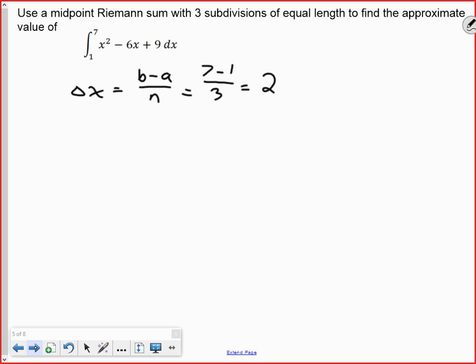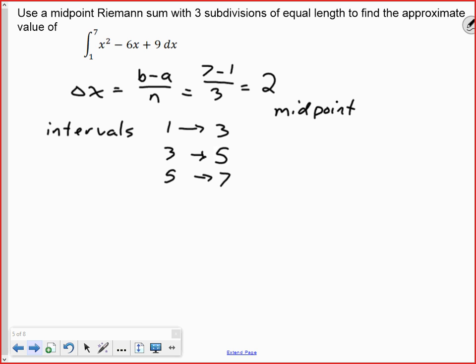We set up intervals that go from 1 to 3, from 3 to 5, and from 5 to 7, which gets us our 3 intervals. When we're doing our approximation, we want to use the midpoint of each one of these. So our midpoints are x equals 2, x equals 4, and x equals 6.